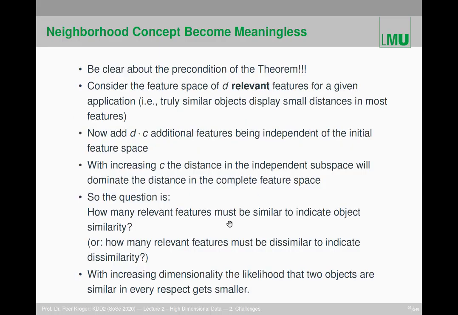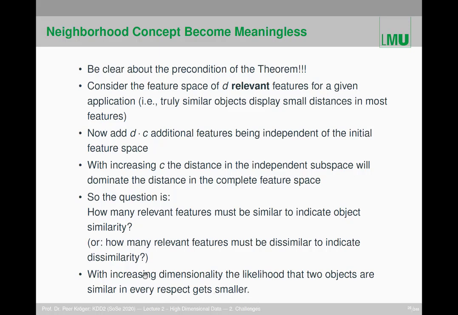So the question, of course, is how many relevant features must be similar to indicate object similarity, or if I use distances, the other way around. That is sometimes very hard to answer. But anyway, with increasing dimensionality, the likelihood that two objects are similar in every respect gets smaller.